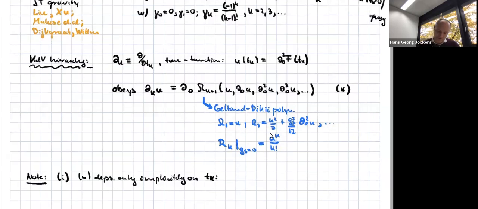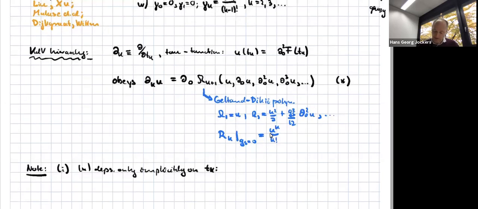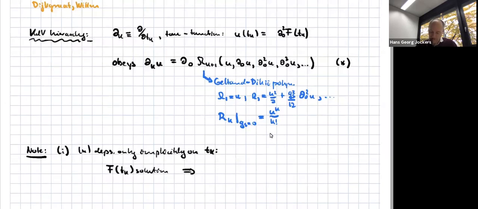What you immediately conclude is that when TK is a solution, as a consequence of this, then a new generating function G shifted by delta is also a solution, where we define this a bit more generally as delta K plus TK, where these TKs are some constants.